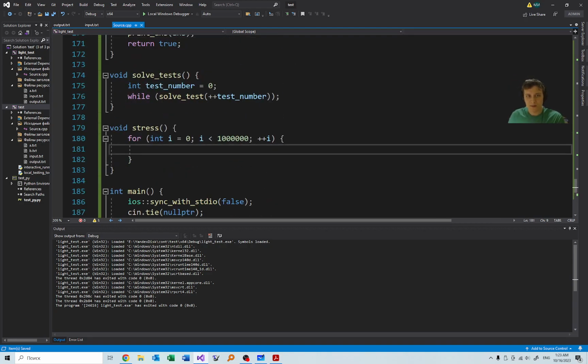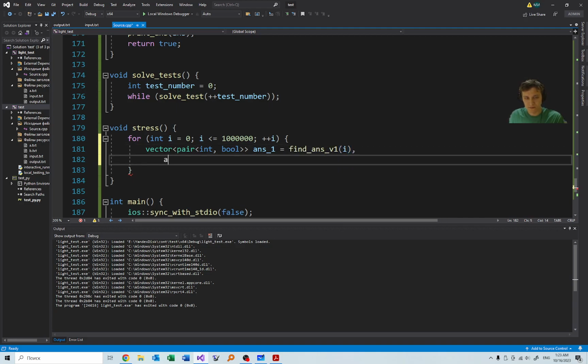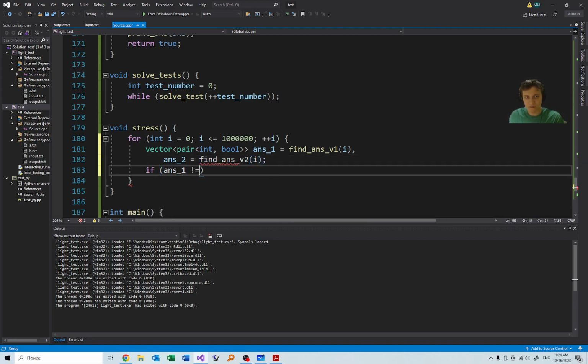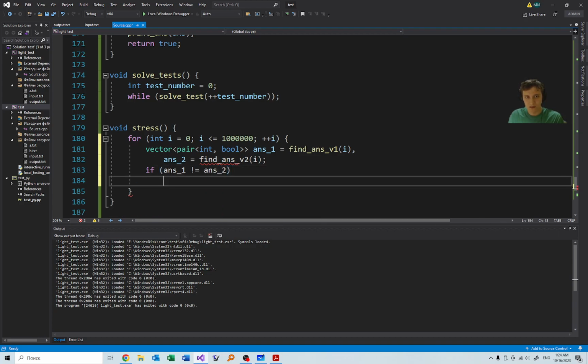Great. So the stress will do the following. It will check the answer of v1 and of v2. And if they are different, it will report. It will say failed on i.